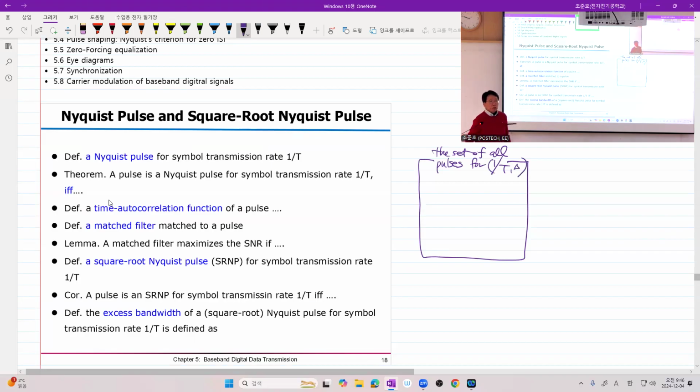Okay? Because if you change the offset, suddenly some pulse that was a Nyquist pulse becomes a non-Nyquist pulse. So let's specify sampling rate and sampling offset. And here is the set of, let me draw.